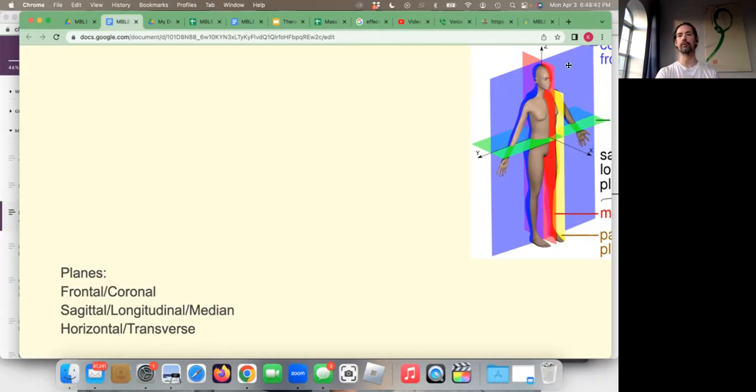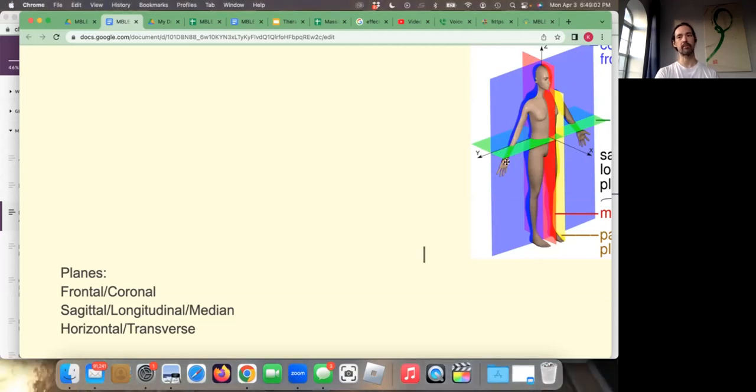Like for the frontal plane, this big purple one, they'll say, what's the name of the plane that divides the body into anterior and posterior? Okay, it does do that, but the real purpose of the frontal plane is not to divide it into anterior and posterior. I might even think that's the sagittal plane, the red one here.